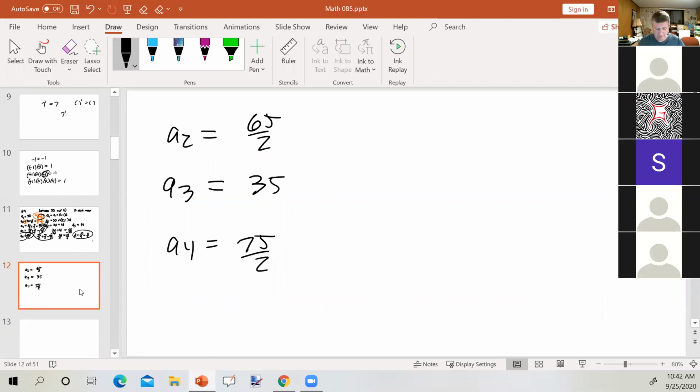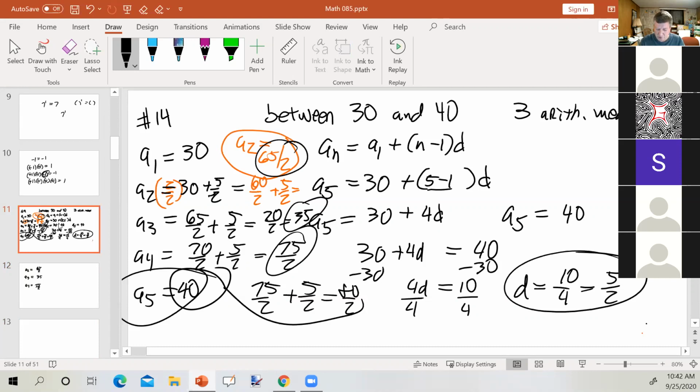Could you go back to slide 11 just really quick? I certainly can. Which part of that mess do you need me to talk about? I'm confused. What is letter D? Where did that come from? That's the common difference between each of these consecutive numbers. Oh, okay.